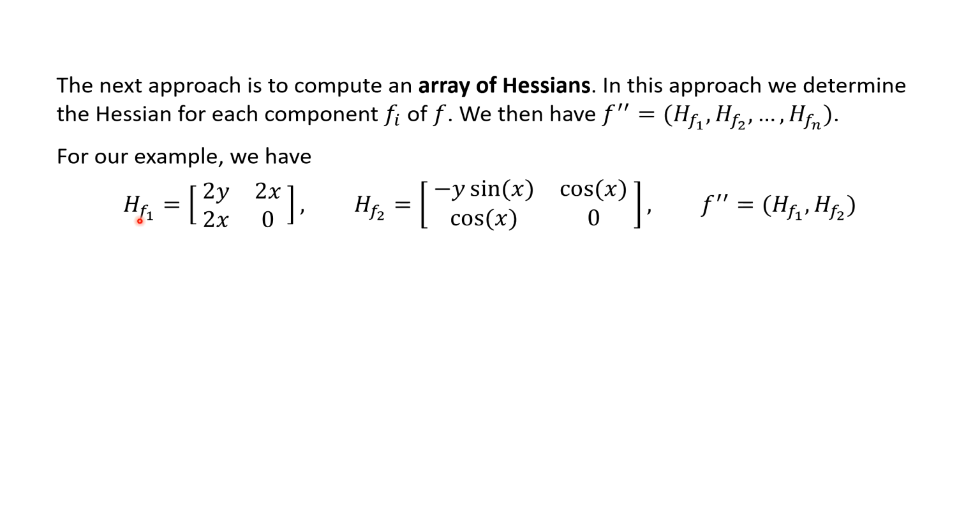So in our example, we just have the 2, as I mentioned. We've already done this computation on the previous slide. So this is the Hessian for f1, and this is the Hessian for f2. And then our second derivative is just this tuple of 2 Hessians.